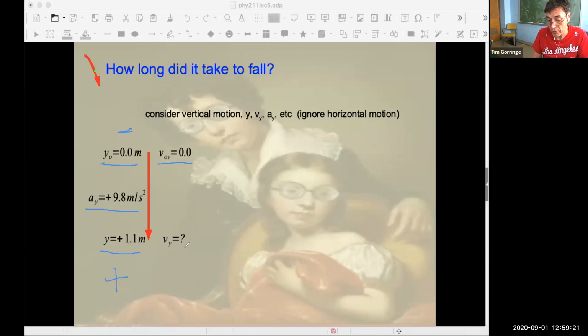I actually don't know yet, we're going to figure this out later, what the final vertical velocity is, but it has some. What we're interested in here is how long does this projectile take to reach the ground? And we're going to solve it by thinking of this picture, which is really isolating the vertical motion. It looks just like a falling body here.